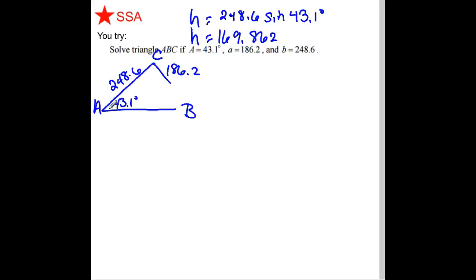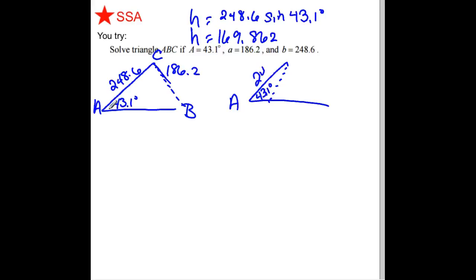So this is that case where you can think of it being kind of a hinge and it's just kind of swinging back and forth. Okay, it can swing out and extend out to here, or it can swing back in like that. Okay, so we have to consider both cases. Everything else stays the same. This 43.1 degrees is still the same.